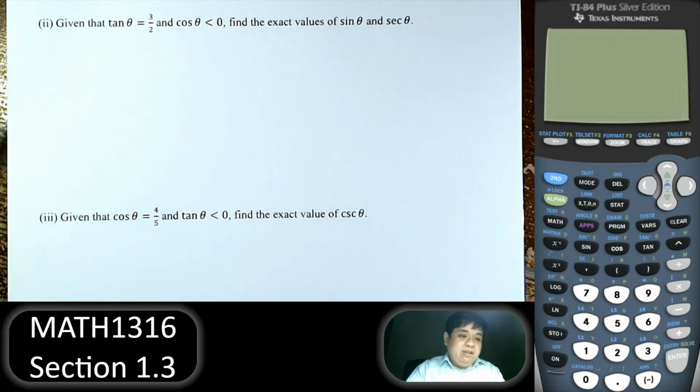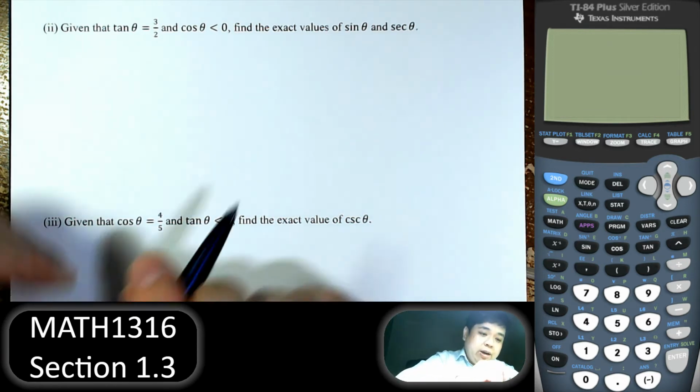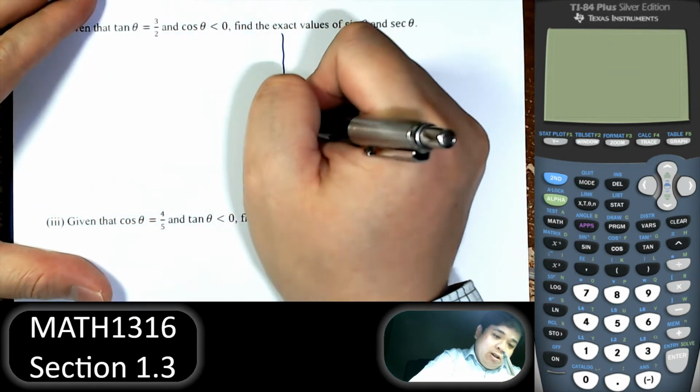Next, given that tangent is 3/2 and cosine is negative, find the exact values of sine and secant. Like I said, everything will break down to x, y, and r. Once we know x, y, and r, we can find all the trig functions. So the first thing we do is find x, y, and r.